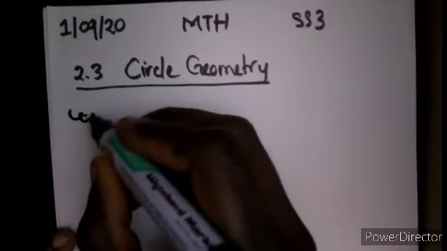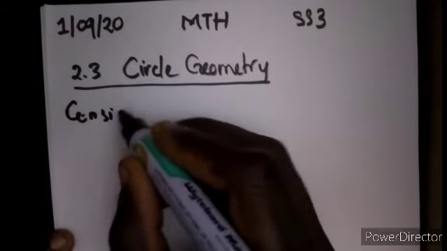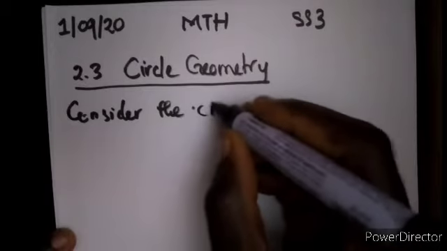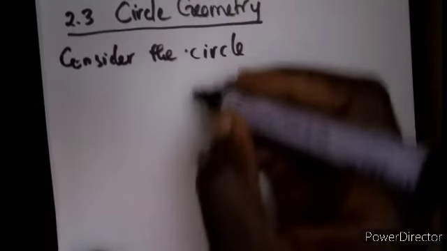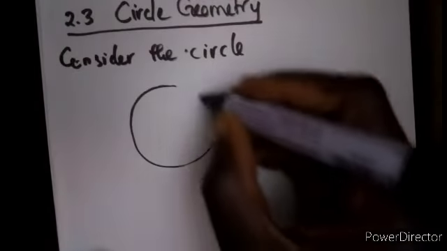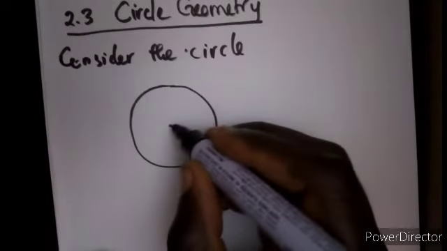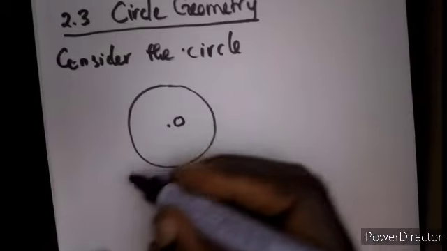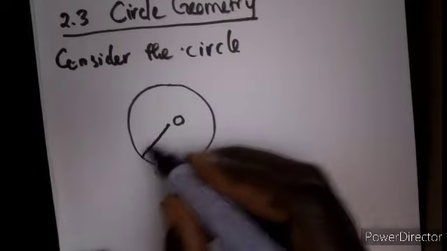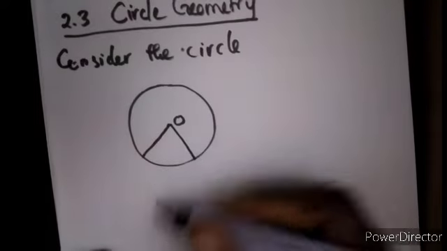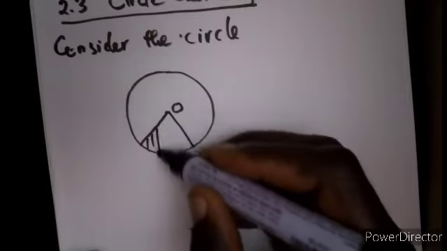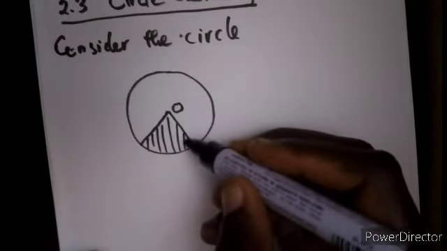Hello everyone, today we are going to study circle geometry. So if you consider the circle with center O, this portion is what we call the sector of the circle.